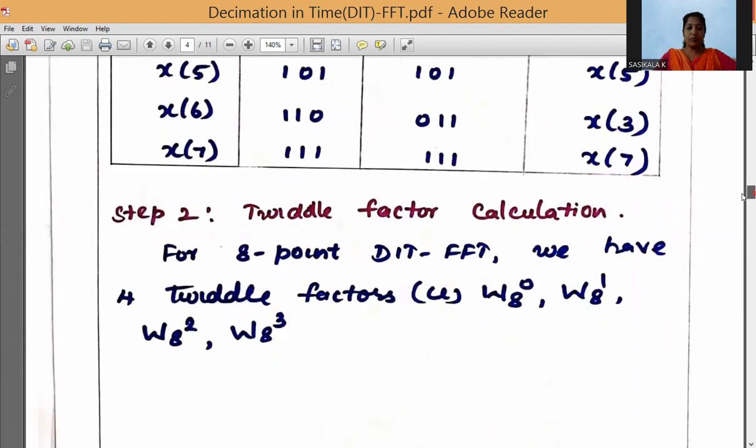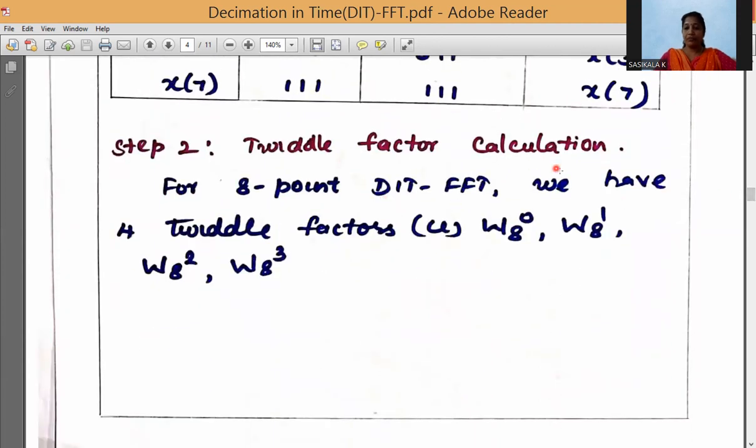And step 2, you have to find the twiddle factor. So for 8-point DIT FFT, we have 4 twiddle factors. The twiddle factor is represented by W base n power k.